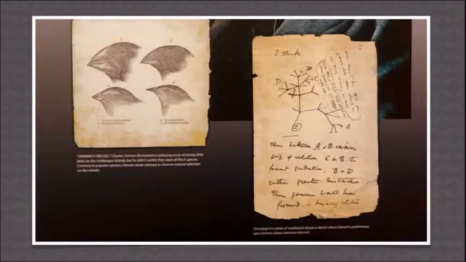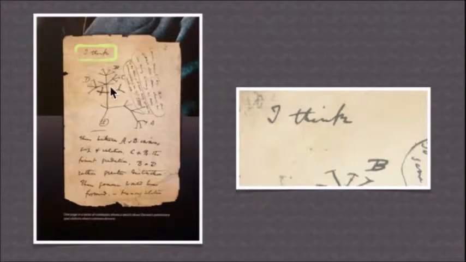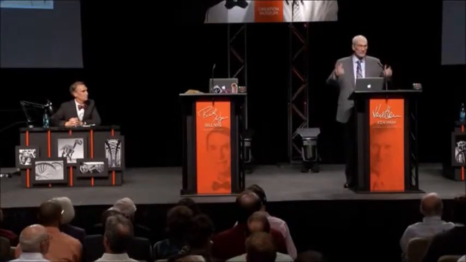And in his notes, he came up with this diagram here, a tree. And he actually said, "I think." So he was talking about different species, and maybe those species came from some common ancestor. Actually, when it comes to finches, we would agree as creationists that different finch species came from a common ancestor, but a finch is what they would have to come from.